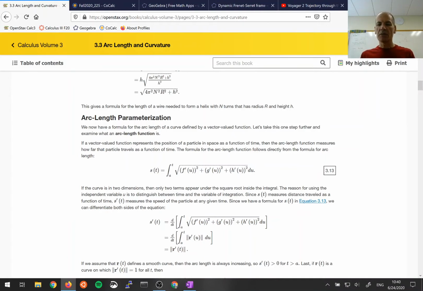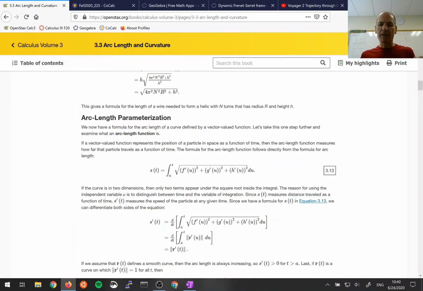And what we're going to do is build this integral that has the magnitude of r prime as its integrand, and we're going to integrate from some arbitrary starting point A out to t, and we're going to call that a function. And the beautiful thing about this function is it tells me the distance that you've traveled up to this point t, time, is blah.